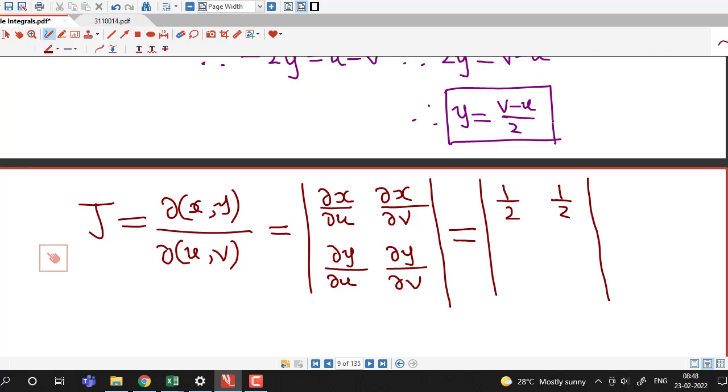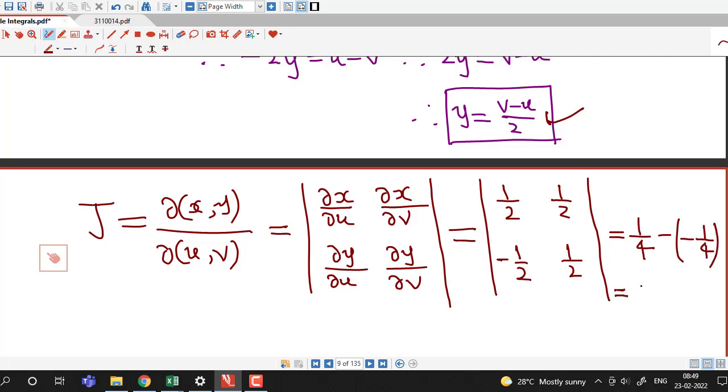Del y by del u, so that we obtain from this: 1 by 2 constant, derivative of v is 0, derivative of minus u is minus 1. So del y by del u is minus 1 by 2, and del y by del v will be equal to 1 by 2. So this is going to be 1 by 2 into 1 by 2, 1 by 4, minus 1 by 2 into 1 by 2, that is minus 1 by 4.